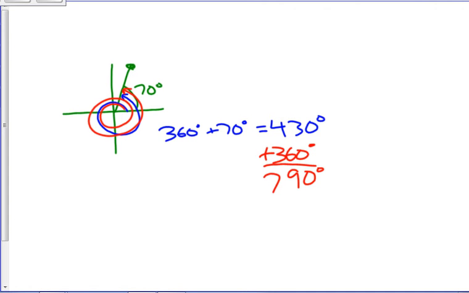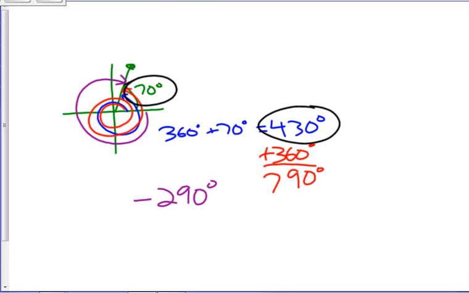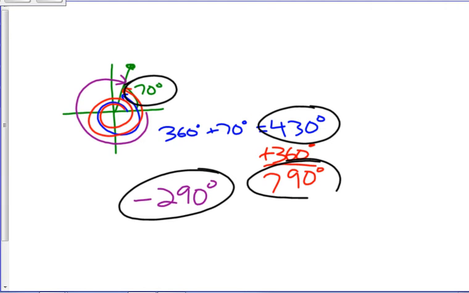That's another angle that should end at the same place. Alternately, we could have gone backwards, and that would have been negative 290. All of these angles, 70, 430, 790, negative 290, and an infinite number of other ones end up at the same place. And those are called coterminal angles.